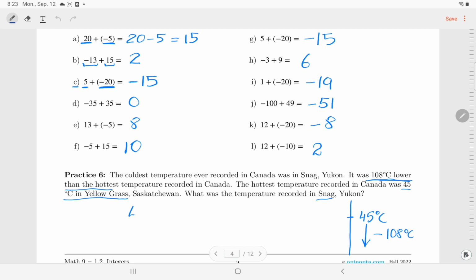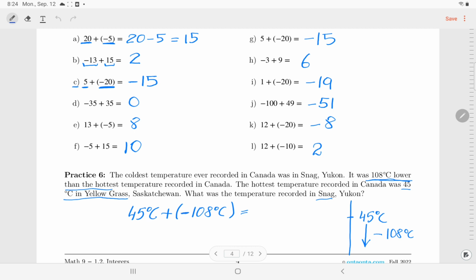We start with 45 degrees Celsius and we either add negative 108, which is the change, the drop in temperature, or we subtract 108. I prefer to add the negative. So we have negative 108 and positive 45.